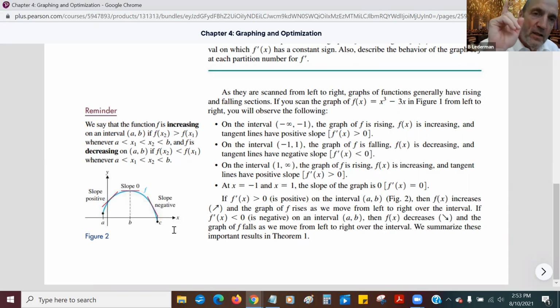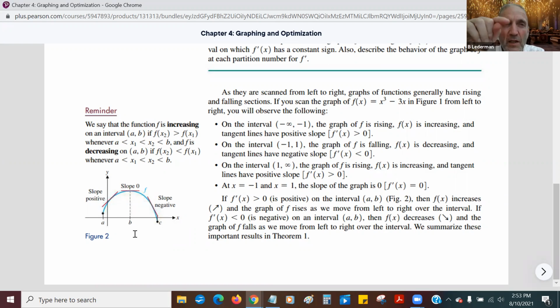Now, you've got to be very careful here because we're sort of switching back and forth, and that's one of the things that confuses students in this whole topic of chapter 4. We're talking about this graph here as the original function, but we're discussing looking at the equation of the derivative function.